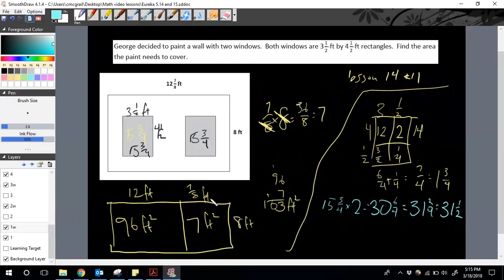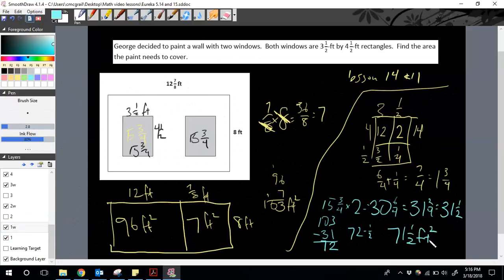Now, my last thing to do is subtract 31 and a half from my area of 103. So I'm going to do 103 minus 31 first, and I am going to get 72. Now I need to do 72 minus one more half, and my answer is going to be 71 and a half square feet.